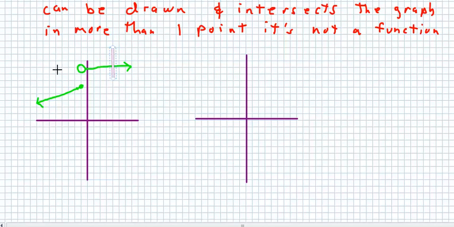Do it over here. I only hit one spot. But if I come over here and draw it like this, do I hit more than one spot? Well, clearly, right here, that's a dot. That's a point on the graph. But because this is an open circle here, there is no point there. Therefore, I only hit one spot. It's a function.